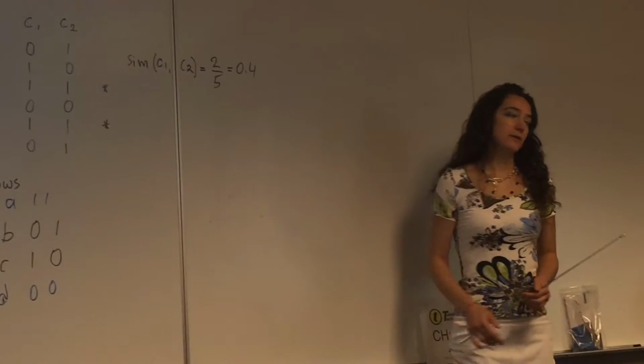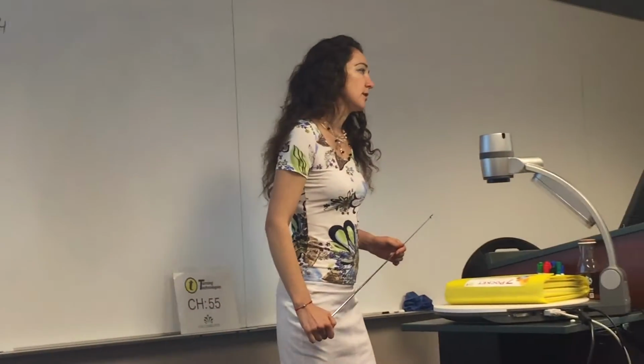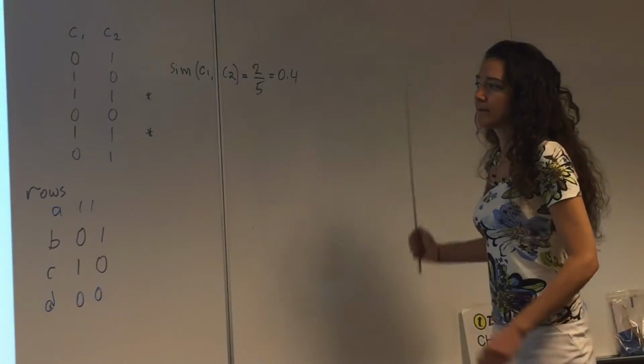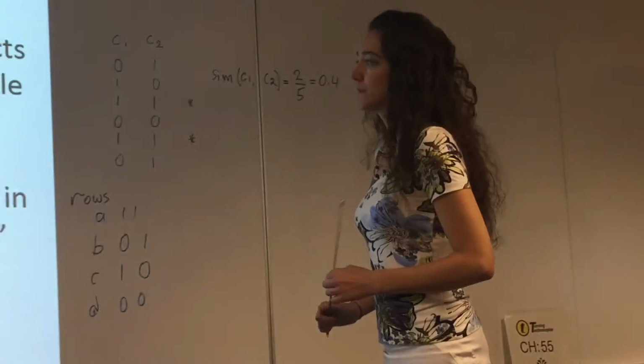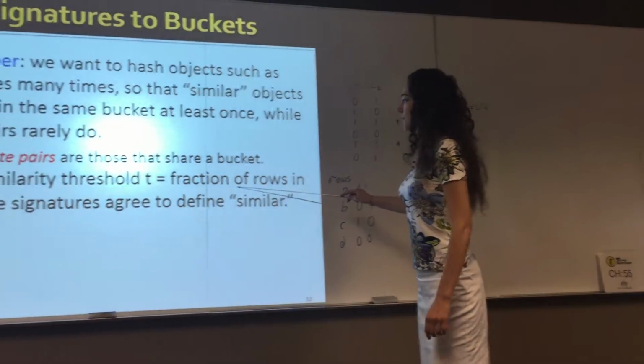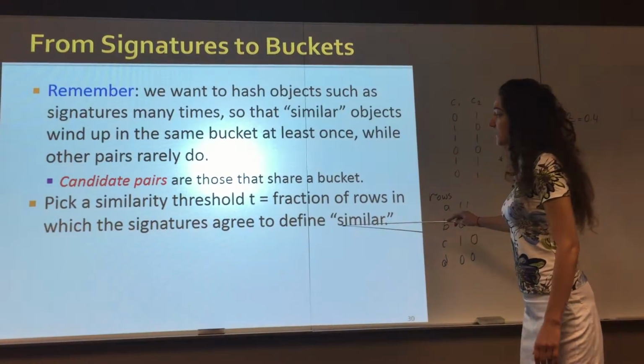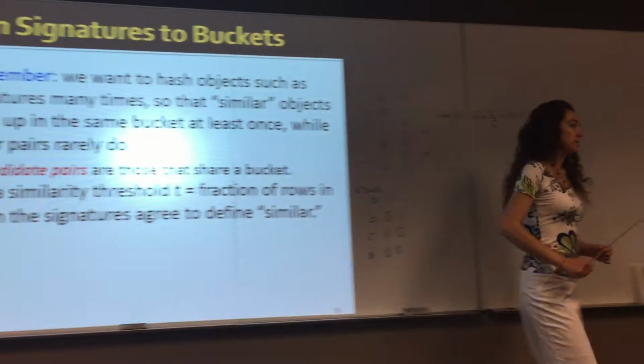Does that mean that they are similar? Or does it have to be like 0.9 or 90%? So the user decides a threshold. We will pick a threshold, and we will say if it's equal or more than that number, then the pairs are considered similar.